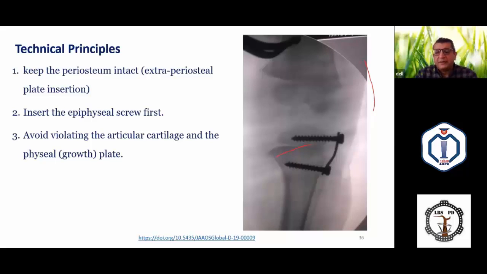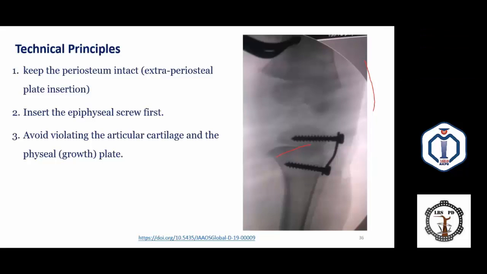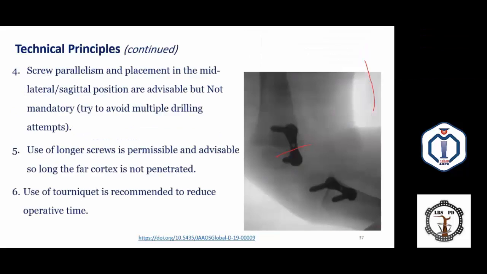Then you have the flexibility to insert the metaphyseal screw, but otherwise it may cause problems. You should avoid violating the articular cartilage and the physeal plate. This is ultra important. Otherwise, you will cause more damage than benefit.